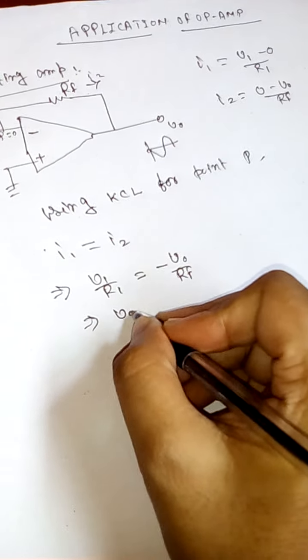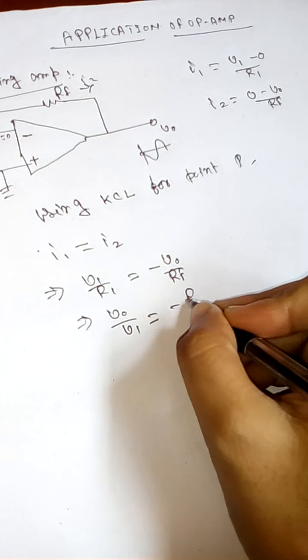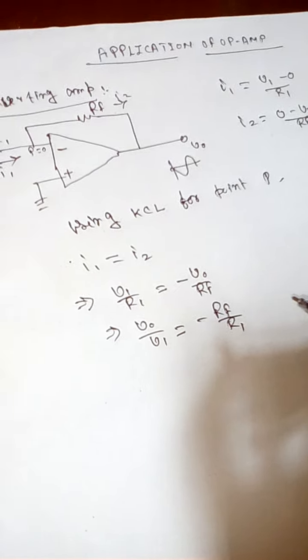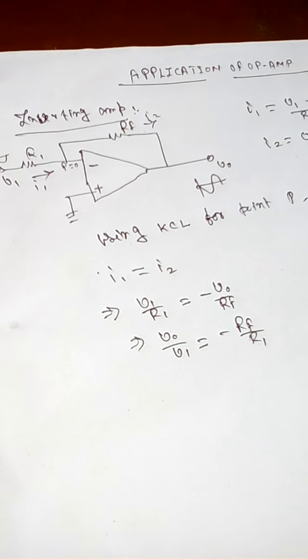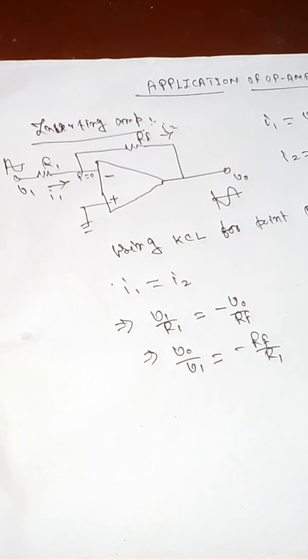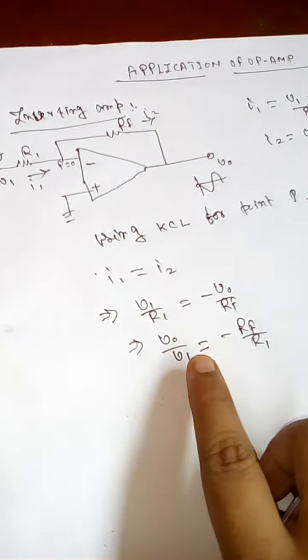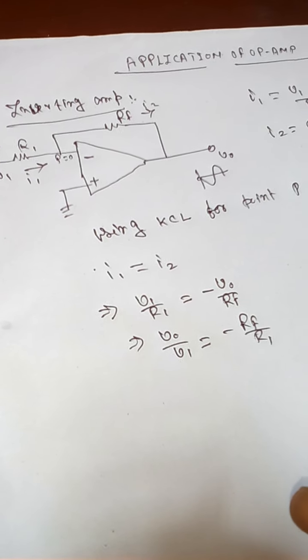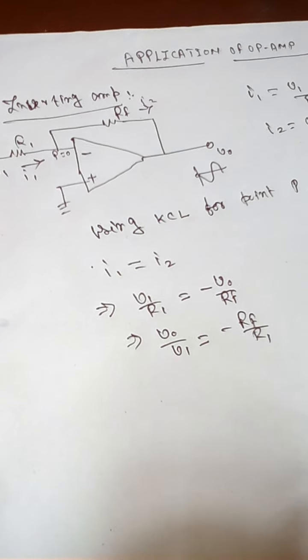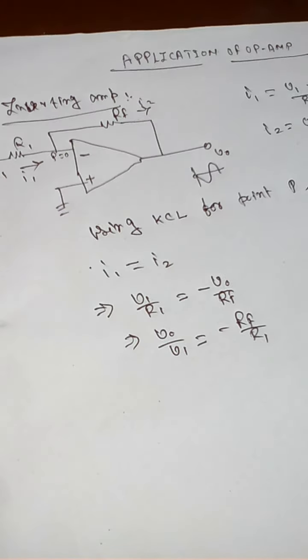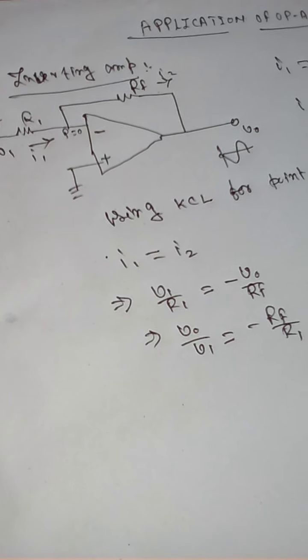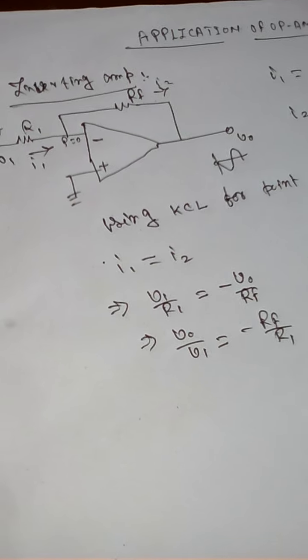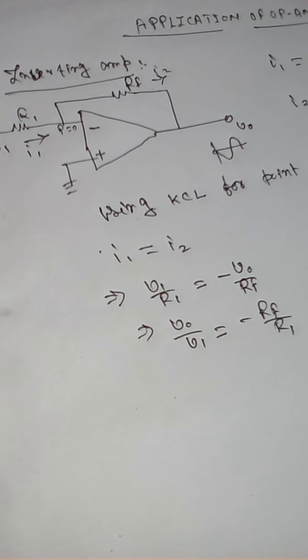So V0 by V1 we get minus RF by R1. This is the voltage gain, equal to the feedback resistance by the input resistance. So this is what we get for the inverting amplifier.